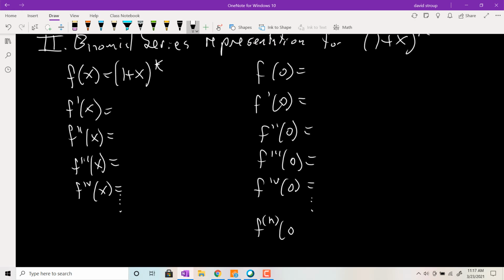And then if I can get a pattern out of that, that would be nice. Taking derivatives, you bring down the k, and then it's 1 plus x to the k minus 1. No chain rule worry: the derivative of 1 plus x is just 1, so nothing to worry about there.